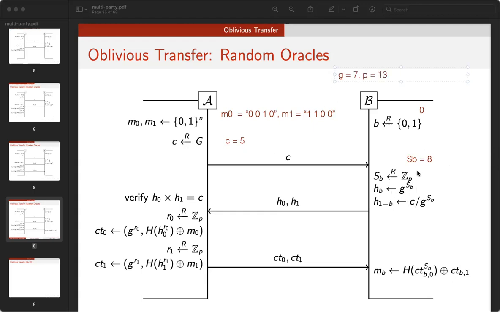So 7 to the 8th, 5 million something mod 13, is 3. So SB is 8, HB equals 3.